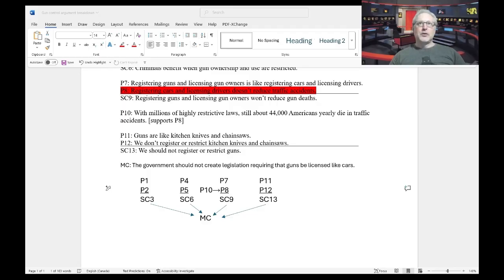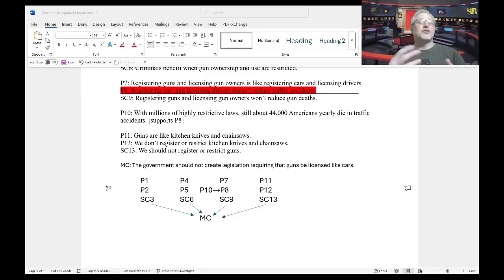I mean, no one is making the claim that registering cars and licensing drivers is going to have the effect that there will be no car accidents. The claim is that there would be fewer car accidents. And the fact that there are apparently a lot of car accidents doesn't tell us whether there would be fewer or more or the same number if the laws didn't exist, right?